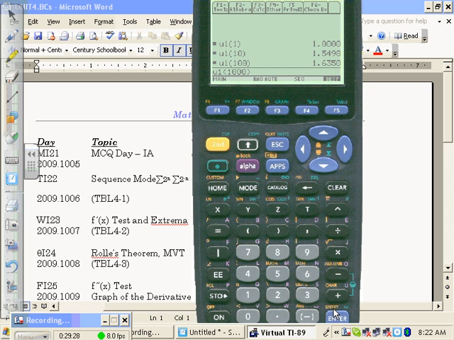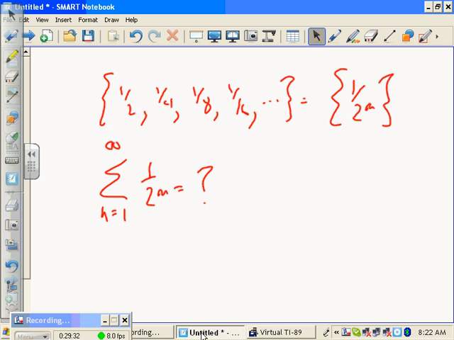Well, that's going to take a little while. But as it turns out, this is a famous series. It happens to be pi squared over 6, exactly.